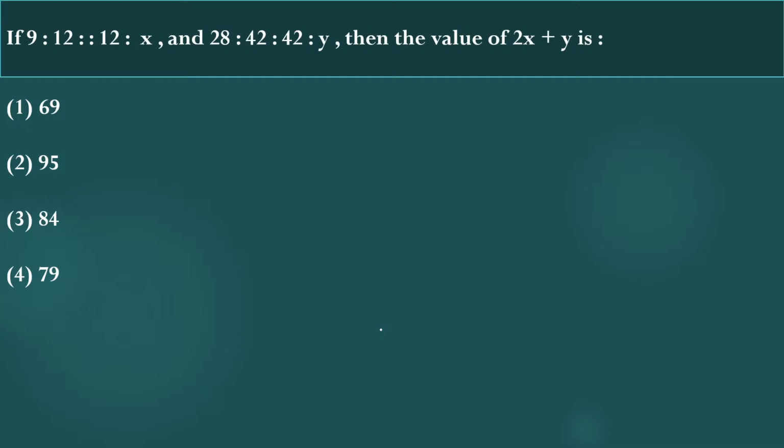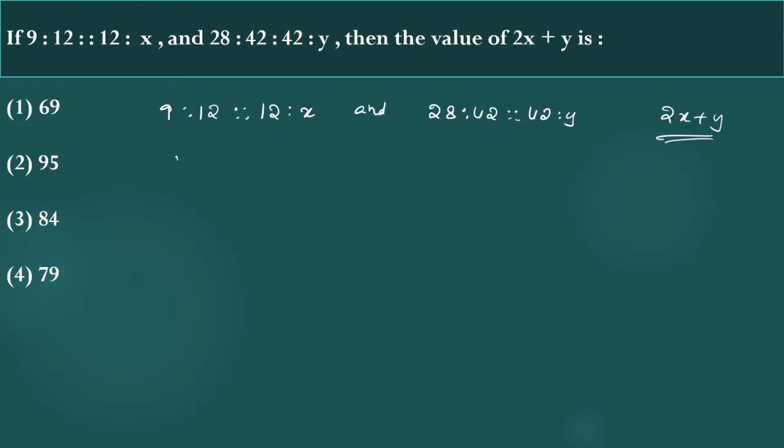They have given proportional values like this: 9 is to 12 as 12 is to X, and 28 is to 42 as 42 is to Y. We need to find 2x plus y.